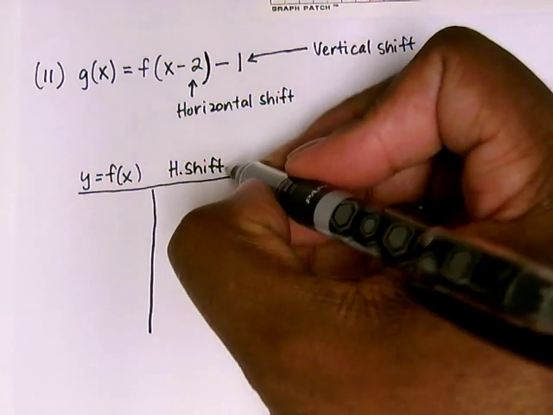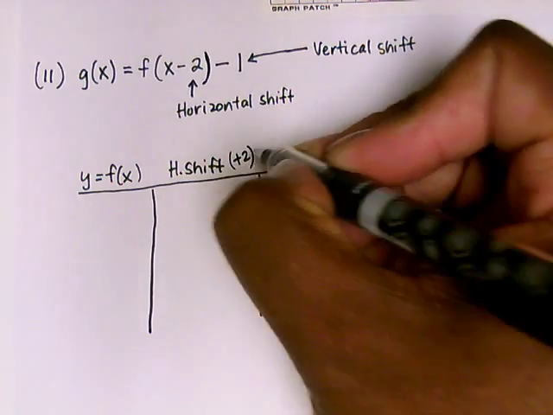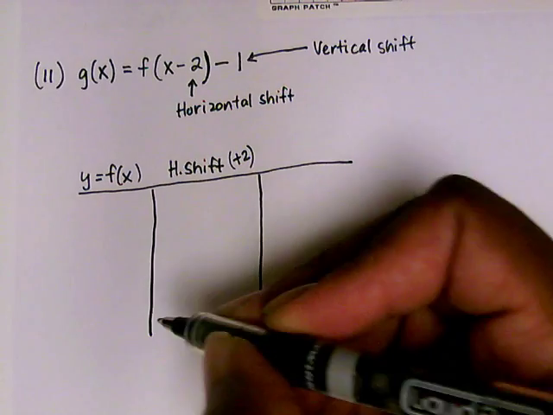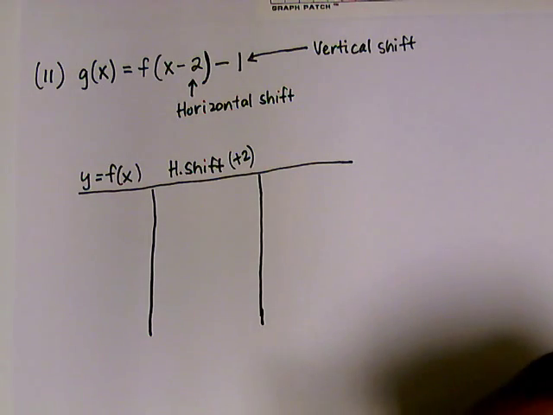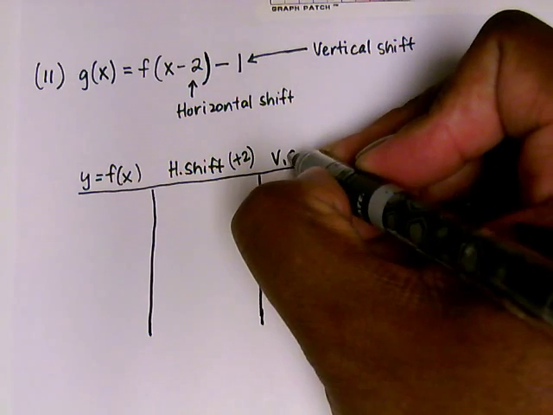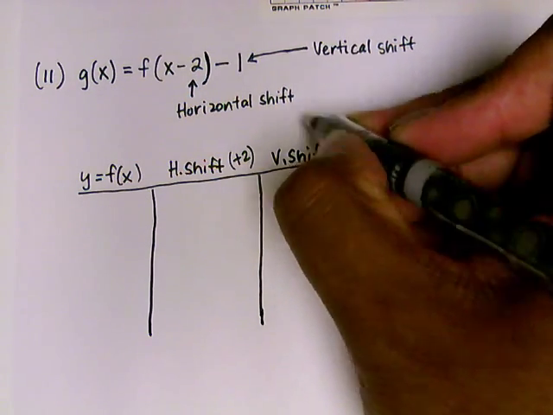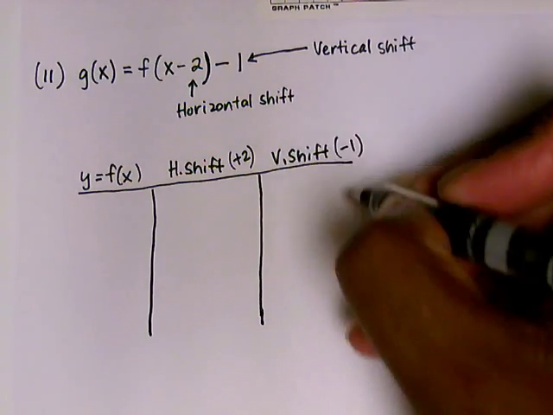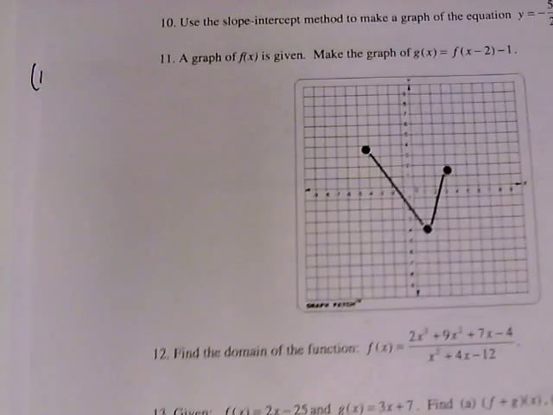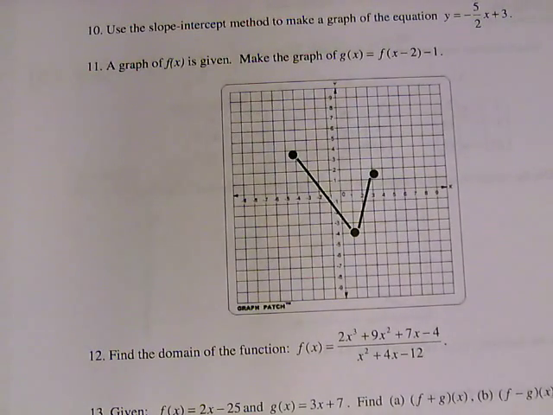So the opposite of subtracting 2, we have to be adding 2 to each x coordinate because it's a horizontal shift. Anything horizontal means the x coordinate is changing. And then the last one is the vertical shift. We do exactly what it says. It says minus 1, we subtract 1 from each y coordinate because the vertical shift means that the y coordinate is changing. And here I'm going to give you the ordered pairs for your f of x.